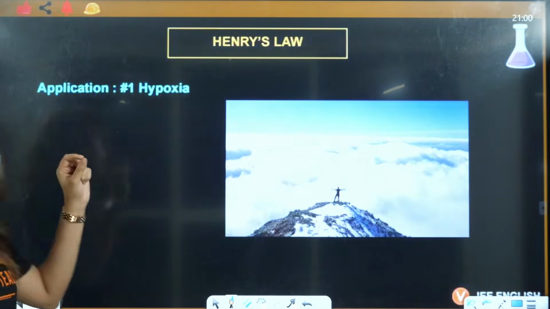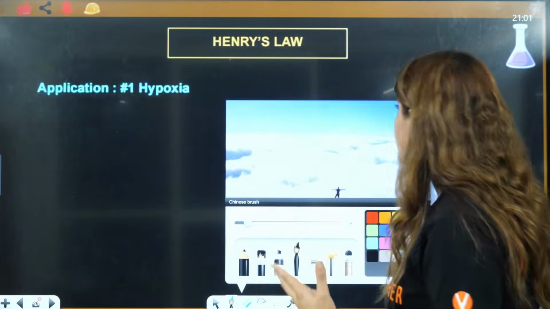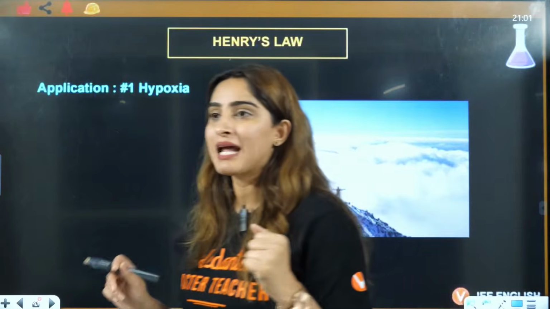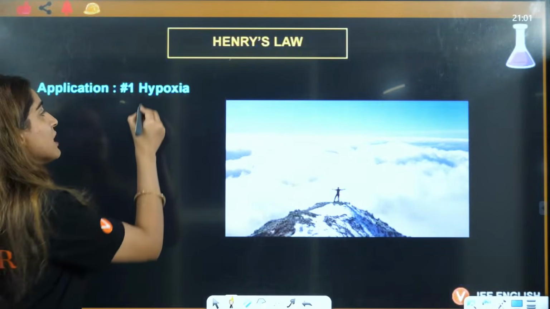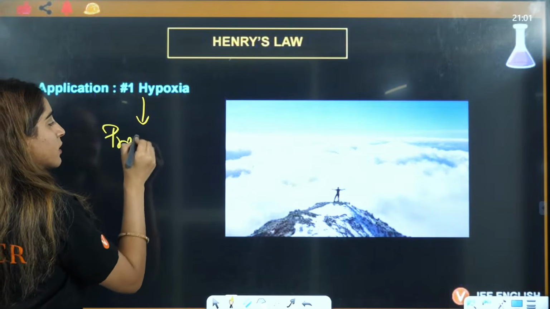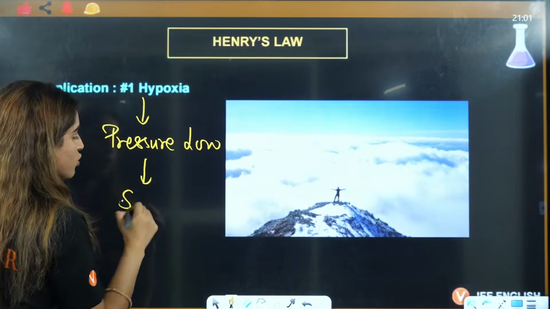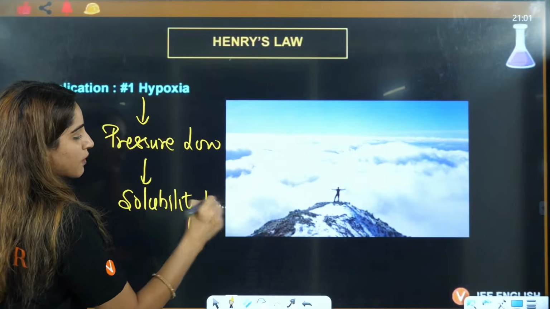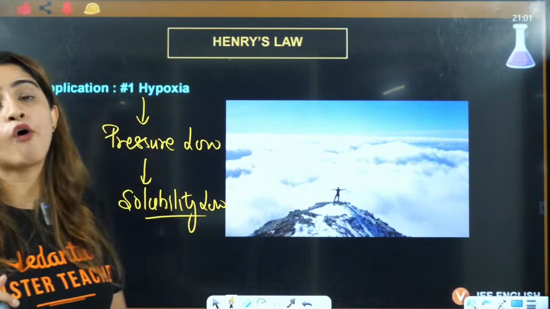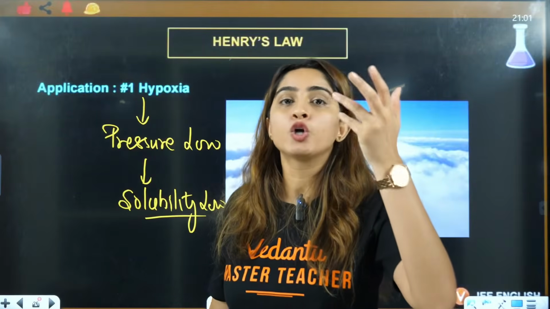Now, next are three applications of Henry's law that we have. First is hypoxia or anoxia, right? This is at high altitudes, right? What you will see is that the pressure will be low. Because the pressure is low, that's why solubility is low, right? That's why it is very difficult for the people who climb high mountains to inhale, right?